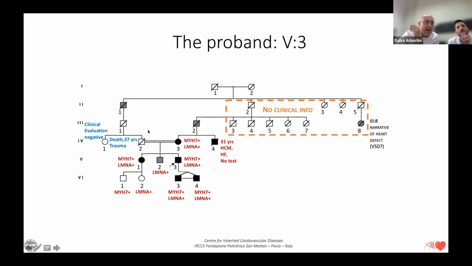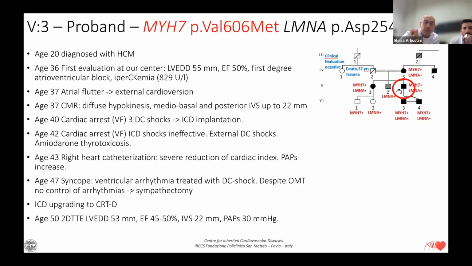His father died in a car crash at the age of 37, and the other two, his sister and his brother, carry respectively both the variants described in our proband and only the VUS in lamin for his brother.